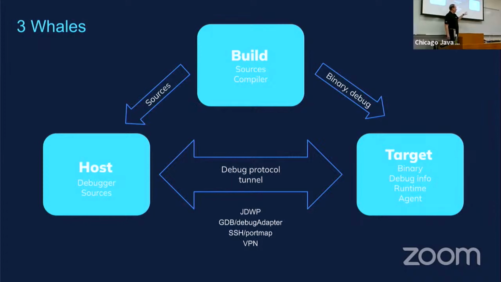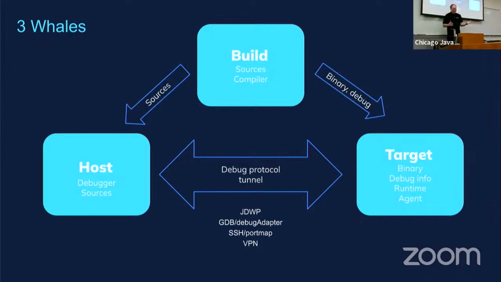And also, we must have some kind of an agent, which in case of regular Java is built into JVM. It's a part of the spec, so we can debug that. In case of native image, we have to start some agent if this part of the system is remote. And the favorite here is the third coast, right?